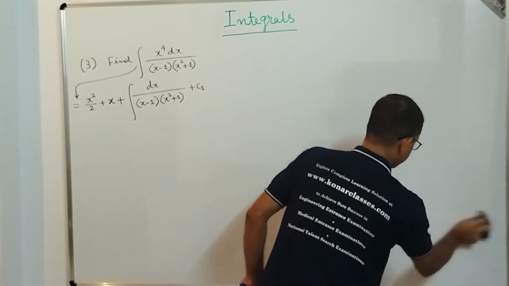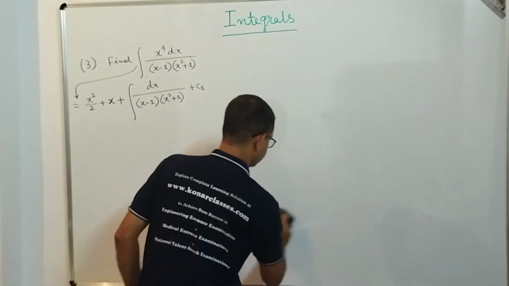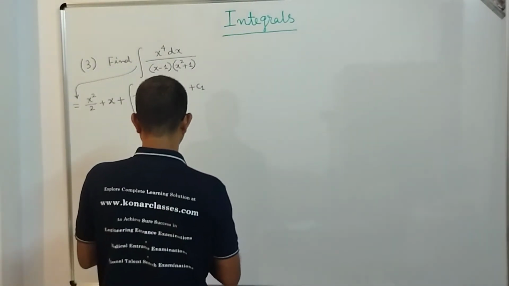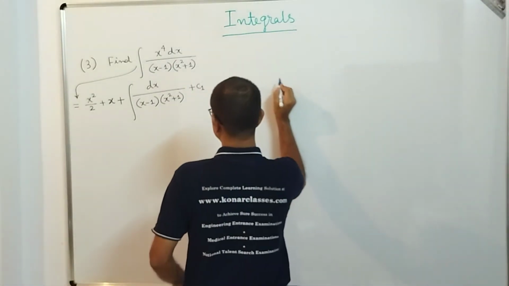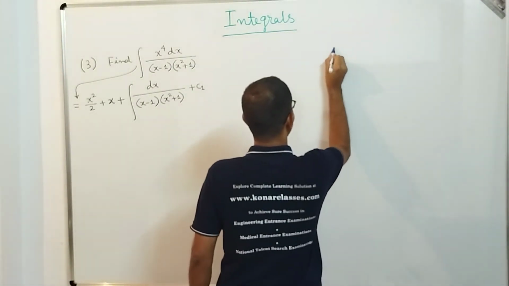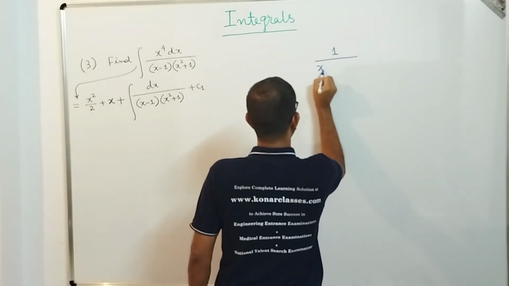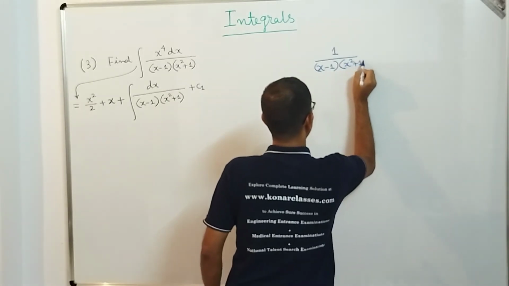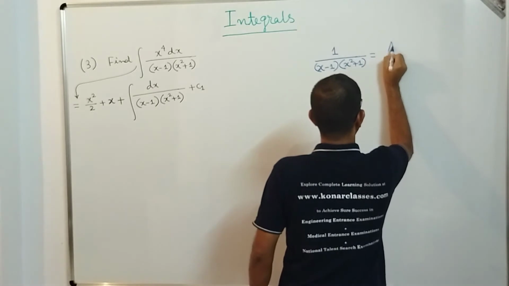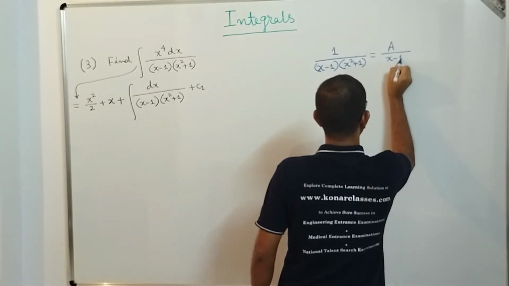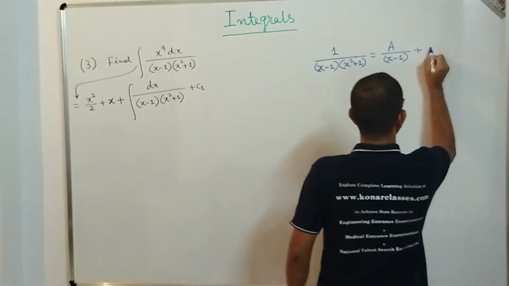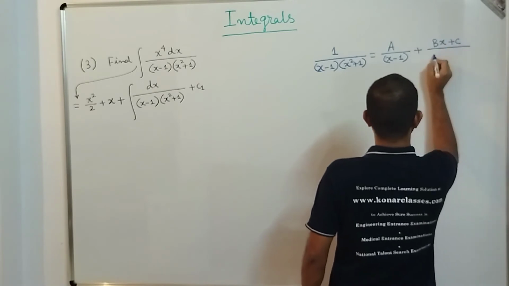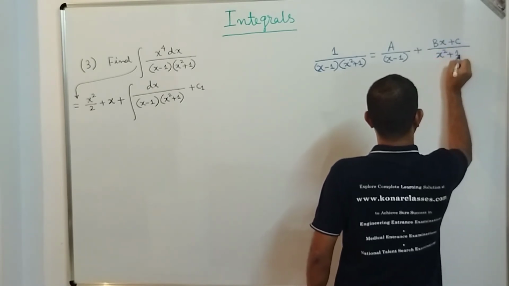If you look into my previous session where I discussed partial fractions in detail, and apply that knowledge, what we are going to do is write 1 by x minus 1 into x square plus 1 equal to capital A by x minus 1 plus, in the numerator, capital Bx plus C divided by x square plus 1.